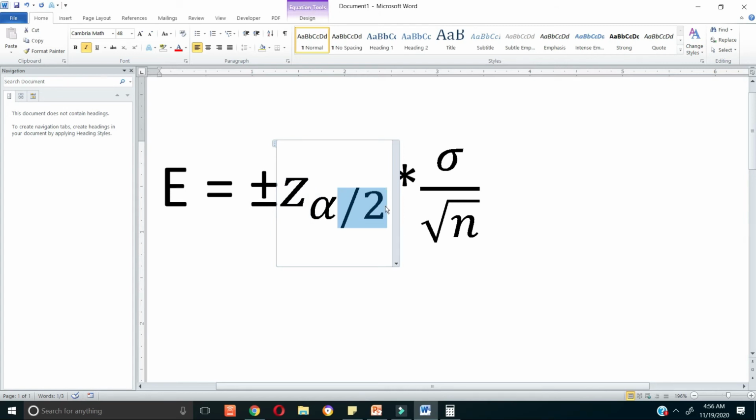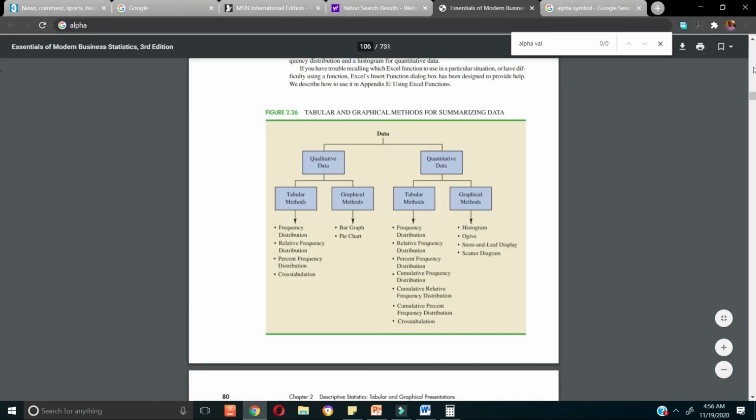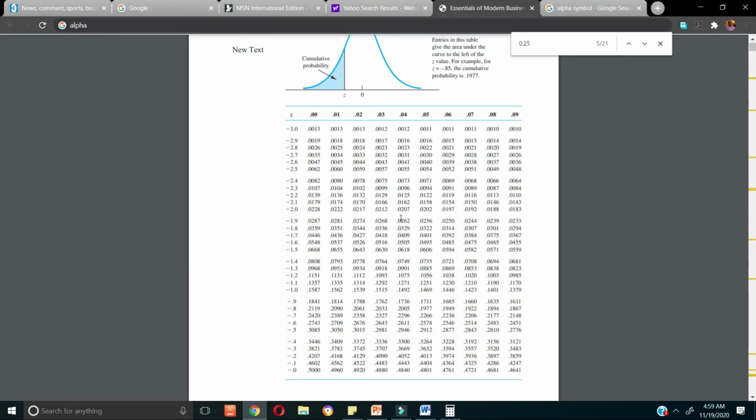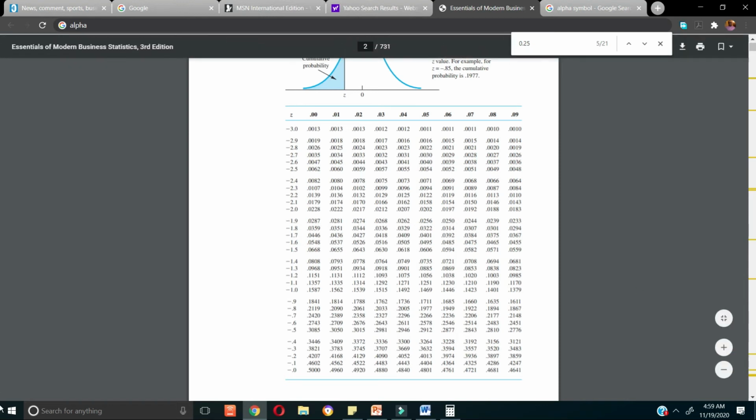So that basically means if you go back to the cumulative probability distribution table, we can see 0.025 is actually here at 1.9. So you have a value of minus 1.9 for 0.025.